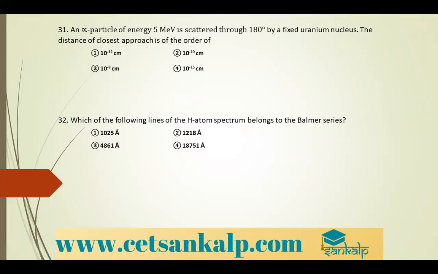The formula is R is equal to 1 by 4 pi epsilon naught ZE into 2E divided by the kinetic energy E.